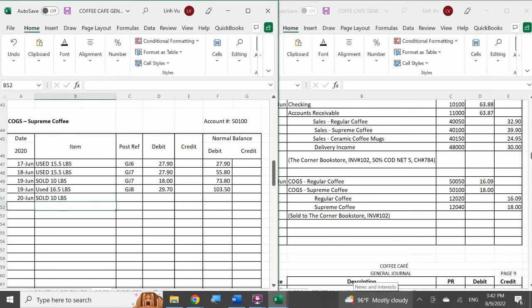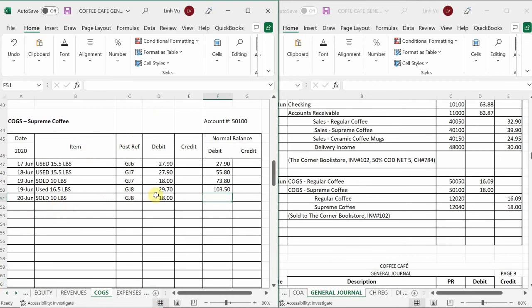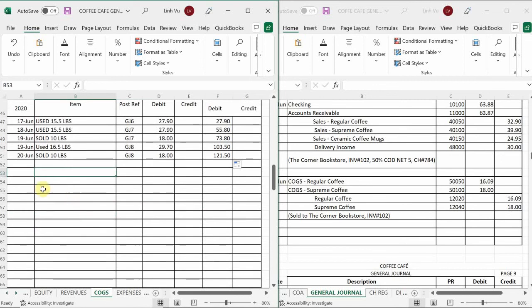Right, you also sold 10 pounds of Supreme. You can copy that from right above, which cost you $18. So what's your grand total here in your Supreme Coffee cost of goods sold? $121.50. Okay.